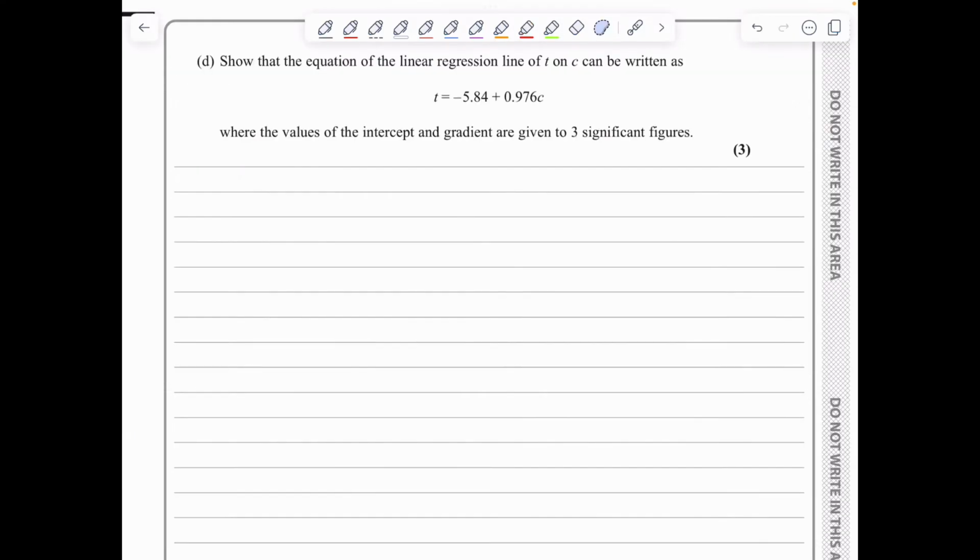In part D, we need to show that the equation of the linear regression line of t on C is written as t is minus 5.84 plus 0.976C, where the values of the intercept and the gradient are given to 3 significant figures. Well, let's start by stating that the equation of the line of best fit is t is equal to a plus bC, where b is the gradient and a is the y-intercept.